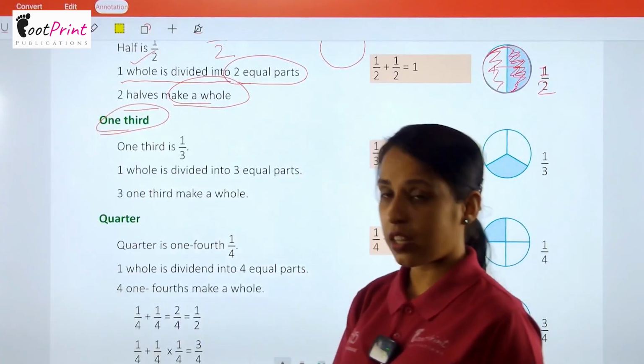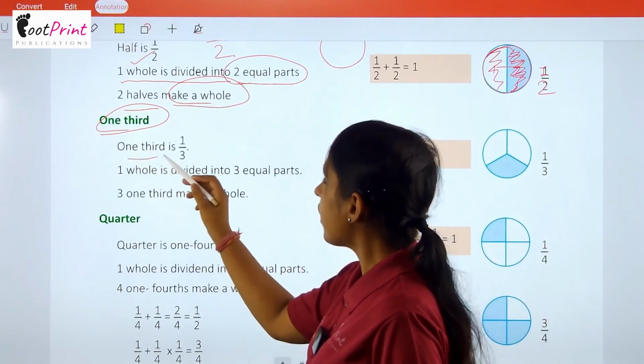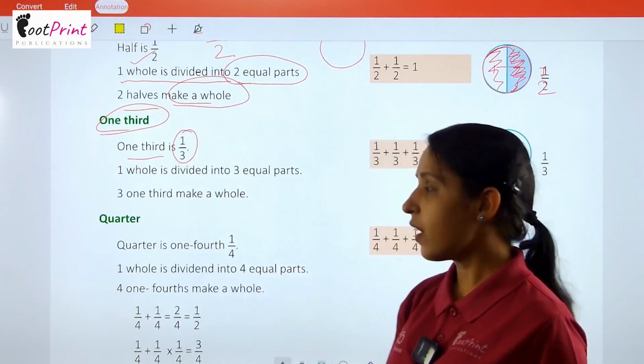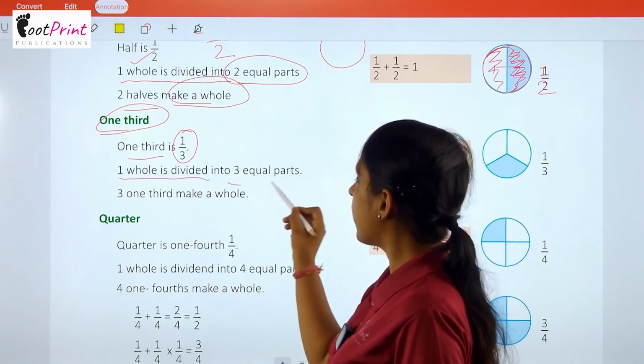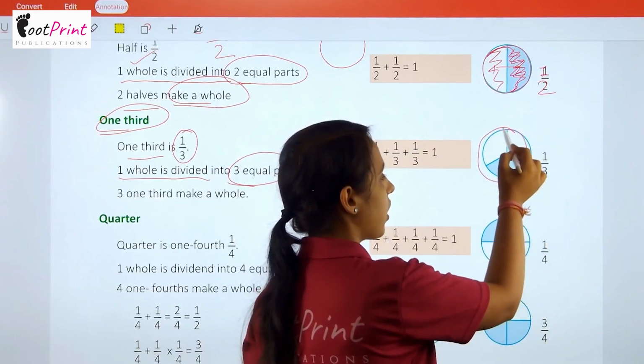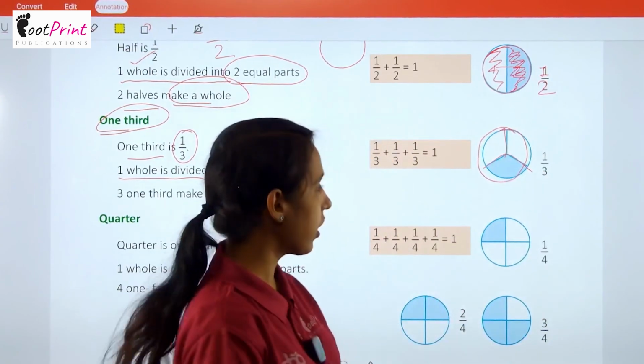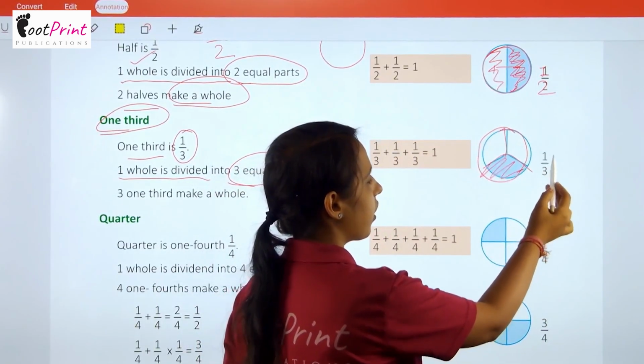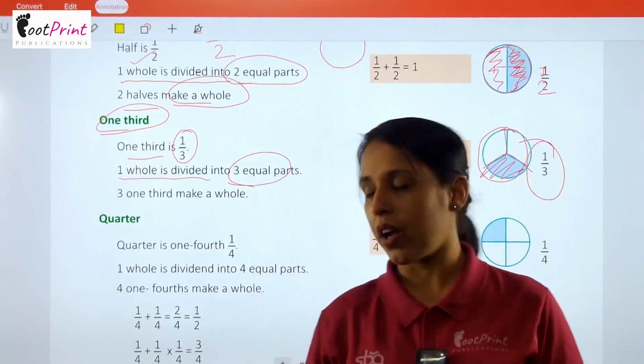Okay, next is 1/3. So what is 1/3? 1/3 is written as 1/3. One whole is divided in 3 equal parts. So now what will we do, we will divide one whole into 3 equal parts and shade 1 part of it, so our fraction will become 1/3.